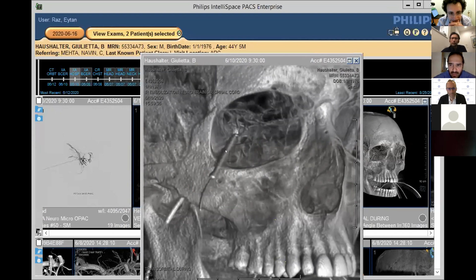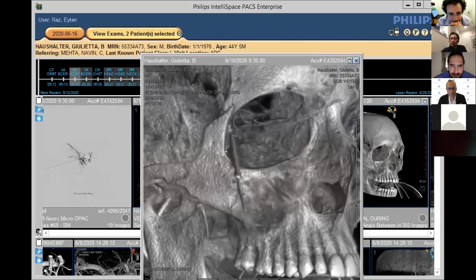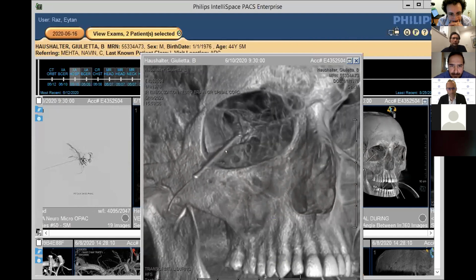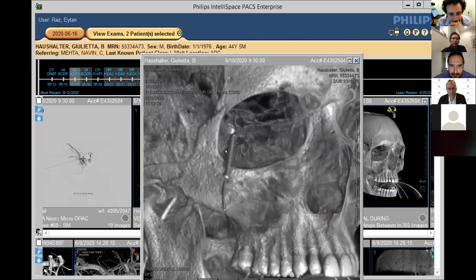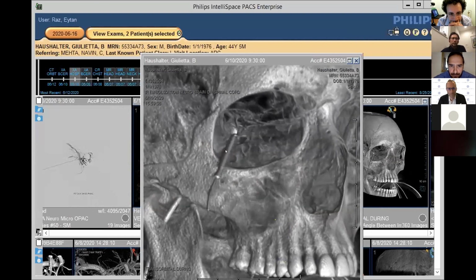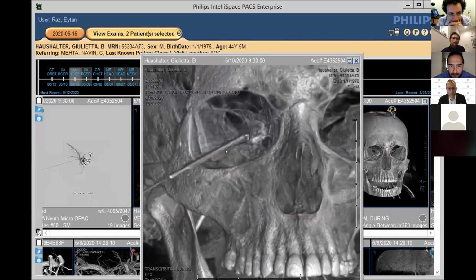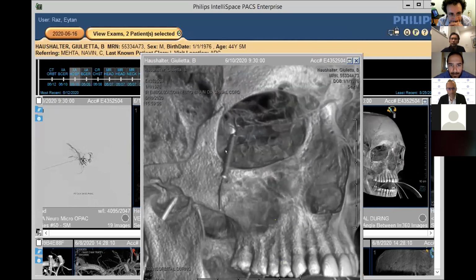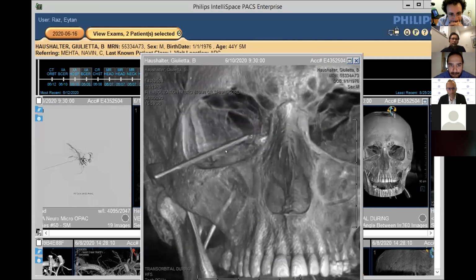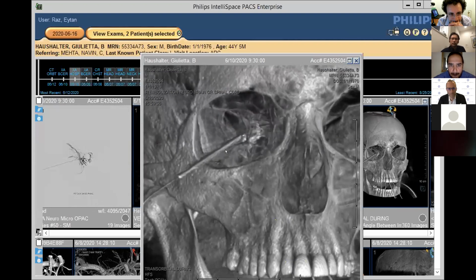Sorry, Henry, what did you say? Yeah, I think all of those options are available, and I've done all of them. SOV cut down to get into the cavernous sinus. If the SOV is too tortuous or too small, you can direct stick the sinus. I have also opened the lateral aspect of the cavernous sinus and filled it with Surgicel.